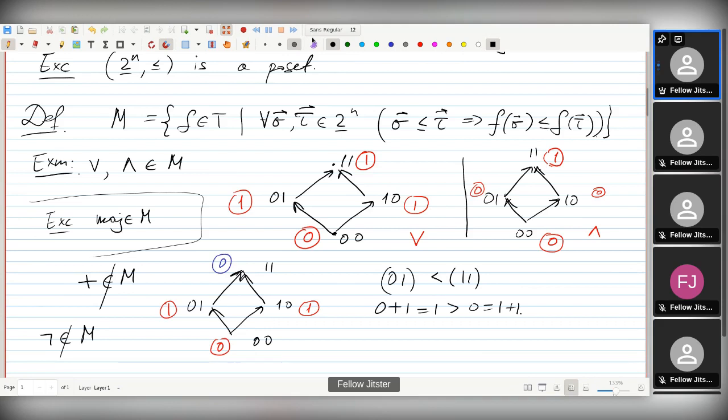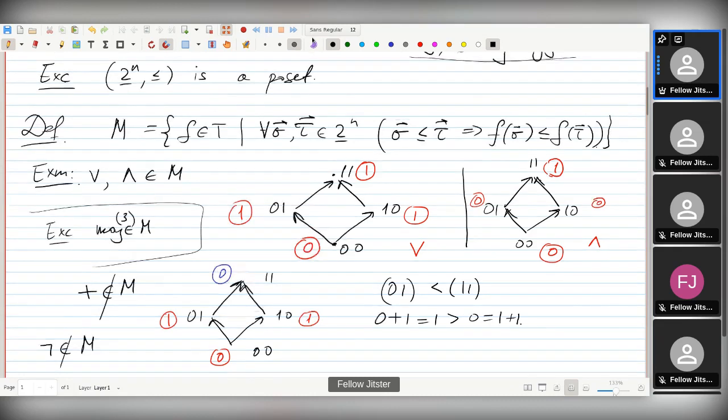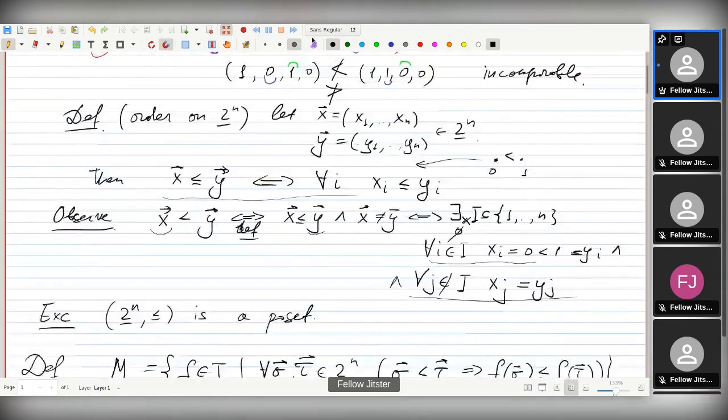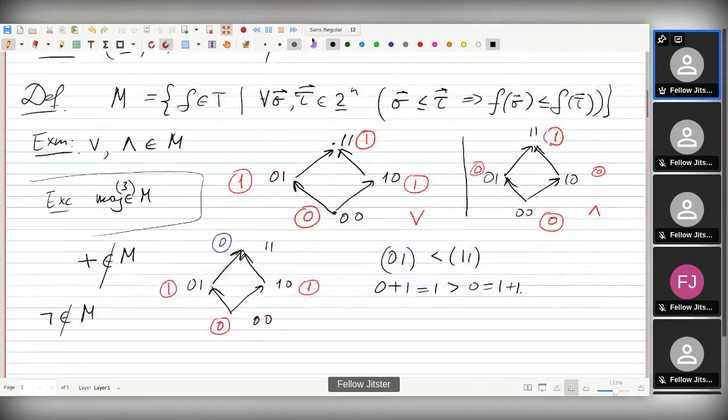It is almost obvious because this function of 3 arguments gives us the value the majority of its arguments take. So if you replace some zeros with unities, then the value of this function may get just greater.